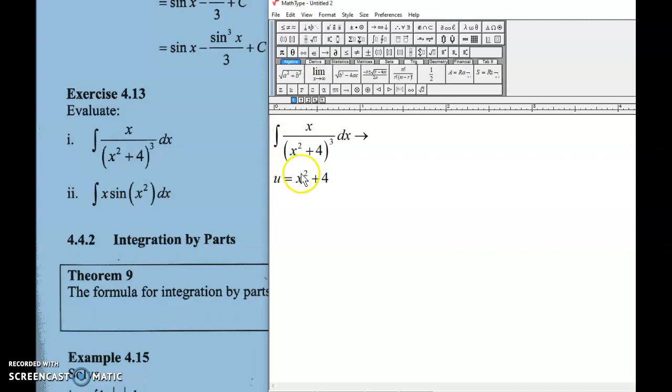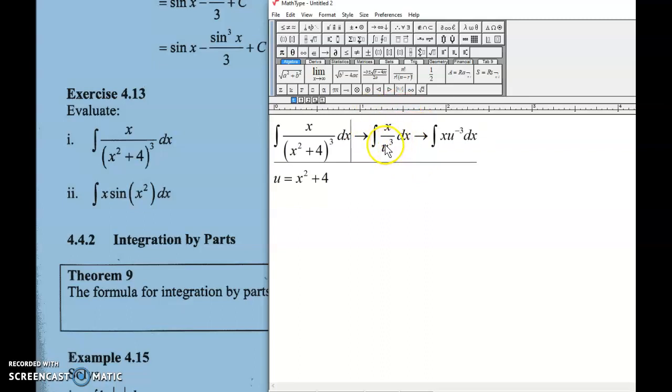Then after we have this, automatically our function changes, because we have already defined this as u. So this is how our function will look like.